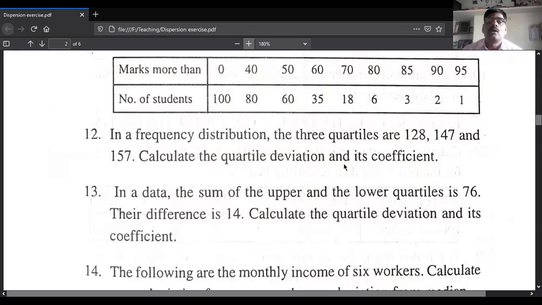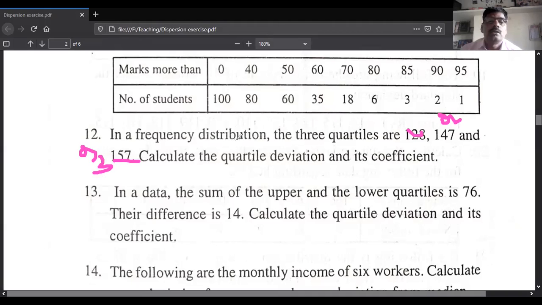The quartiles are calculated and given to you: this is Q1, this is Q2 and this is Q3.